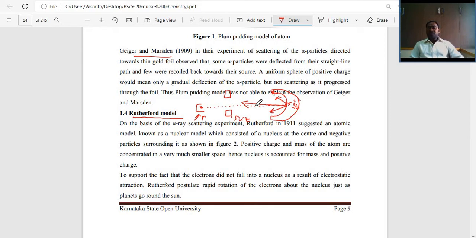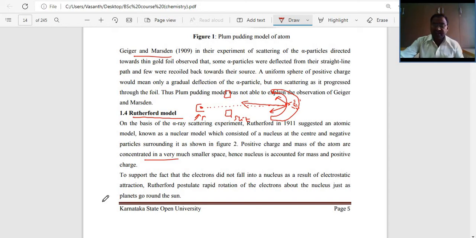The positive charge and mass of the atom are concentrated in a very much smaller space. Hence, the nucleus accounts for the mass and positive charge.